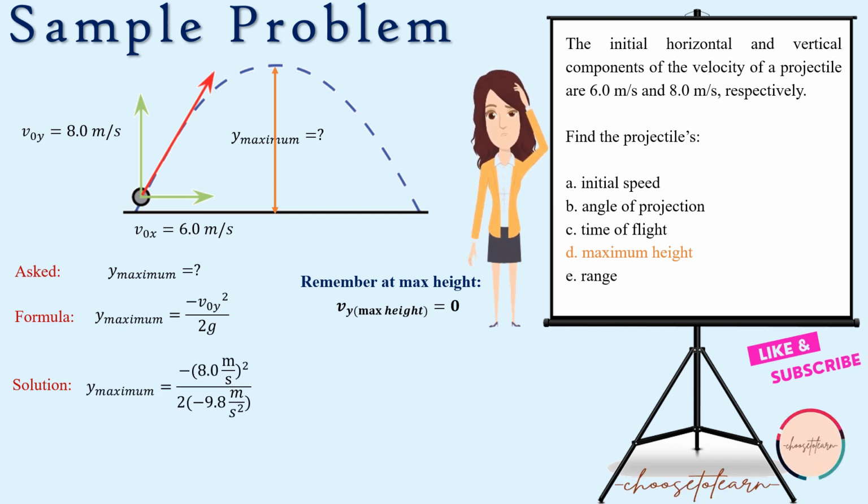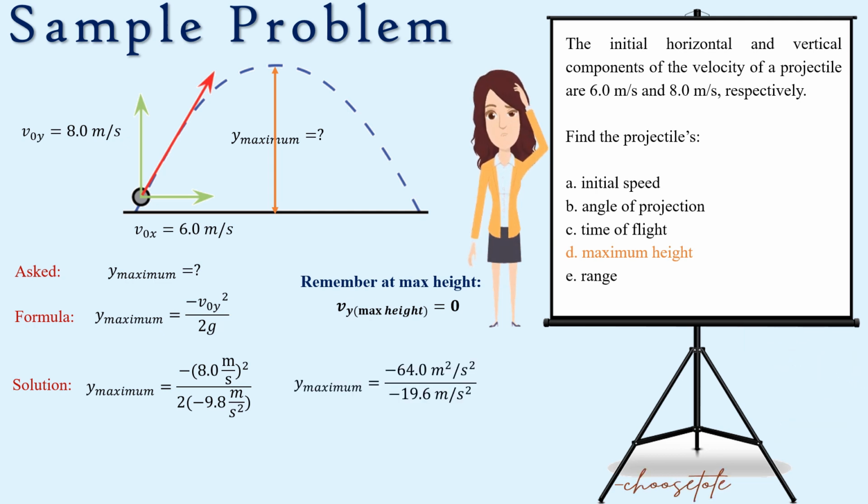Y maximum equals negative 8.0 meters per second squared divided by 2 times negative 9.8 meters per second squared. And it will become negative 64.0 meters squared per second squared divided by negative 19.6 meters per second squared. Simplify, the answer is 3.3 meters. That is the maximum height reached by the projectile.